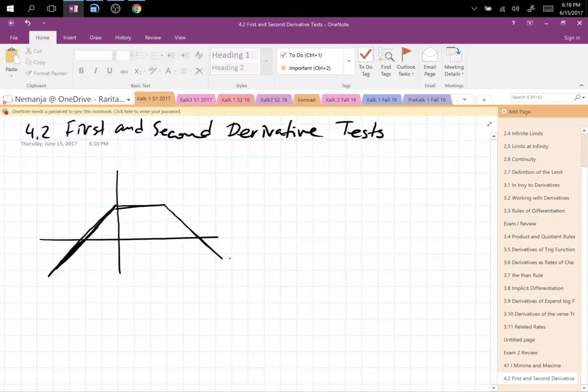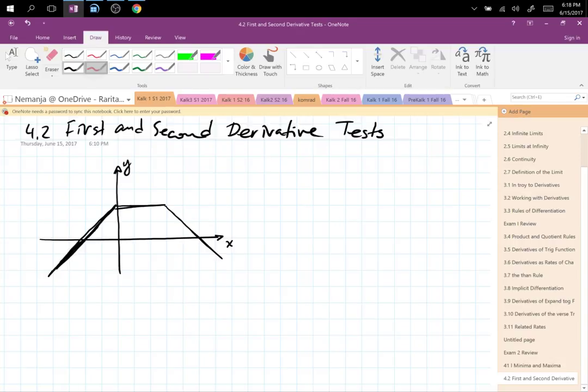We've seen something similar in section 3.2. Now, if I am to draw the derivative, this is positive 1, then the derivative is 0, and then it's negative 1.